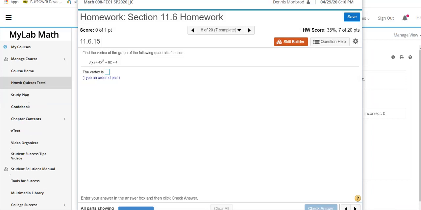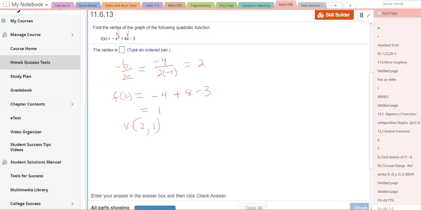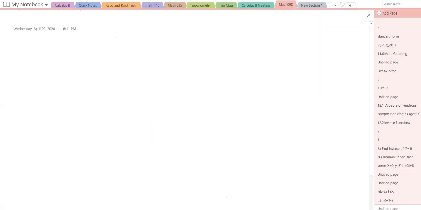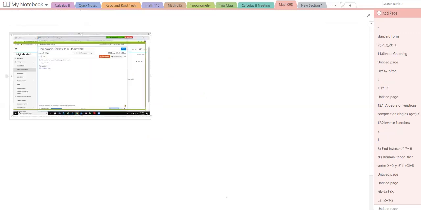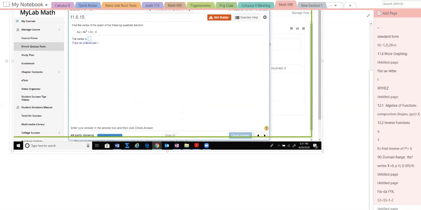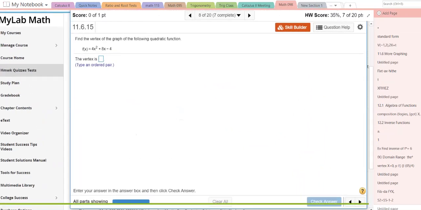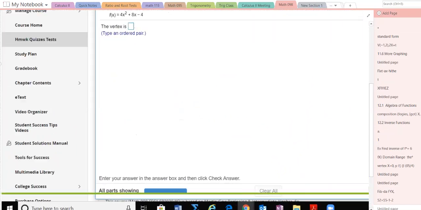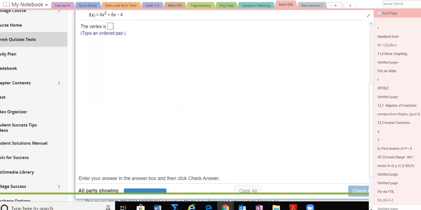Well, I'm going to use the other approach. We'll put it into the standard form, so we can get a little practice with that. Even though it's not the fastest way to do it, it's still something useful you should know how to do.